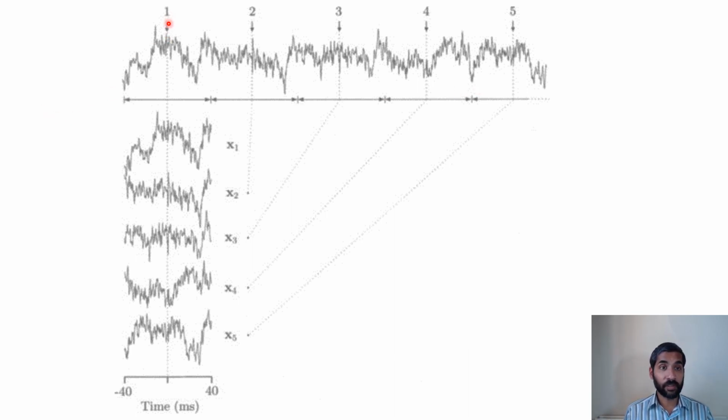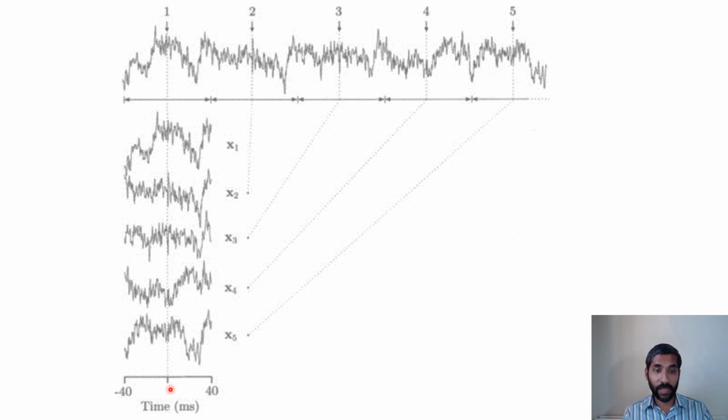Then you take the EEG signal around the stimulus. Here's what we have done: divide this signal into parts and orient them. Bring this part of the EEG down, this part of the EEG here, this part of the EEG here, and average them out.